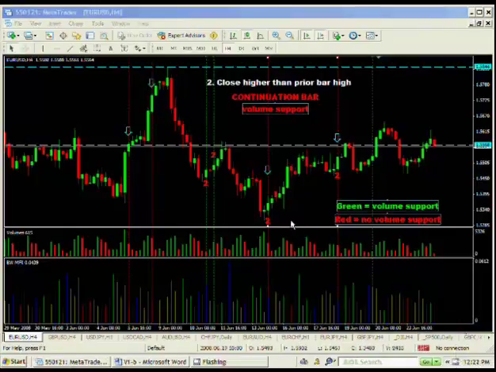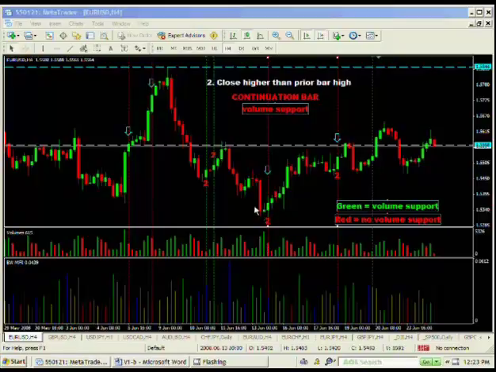To begin our example, we'll focus on this bar here with the 2. We see that this was a continuation bar based on price pattern because we have a higher close than the prior bar and a higher high. However, when we look at the volume on this bar, we had lower volume.